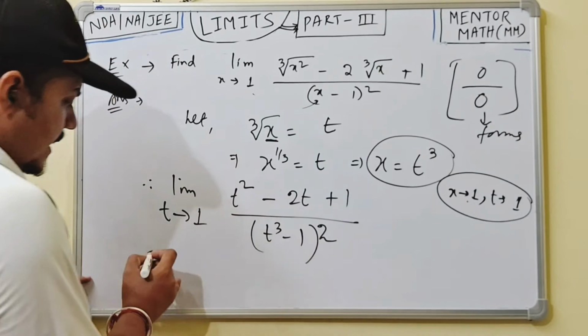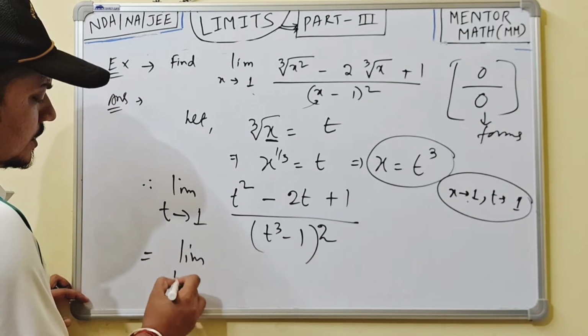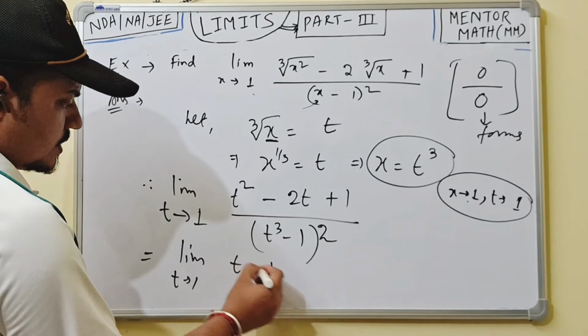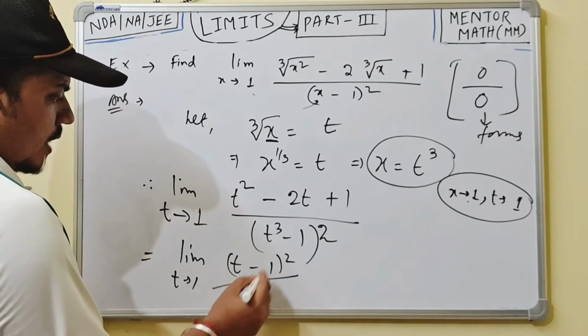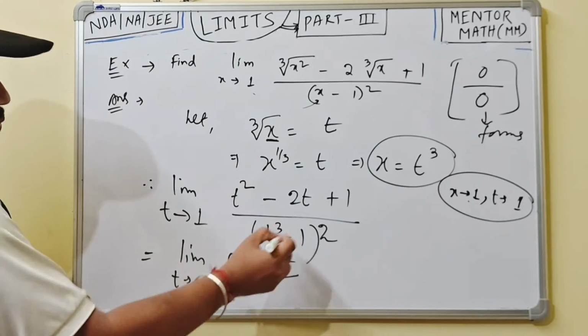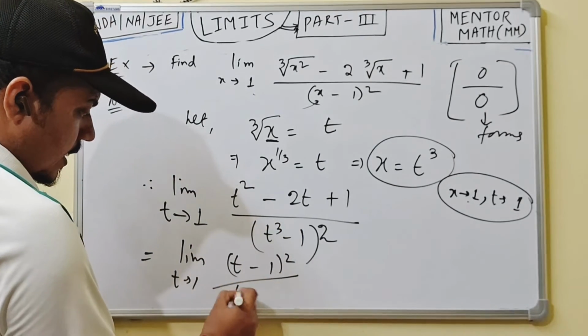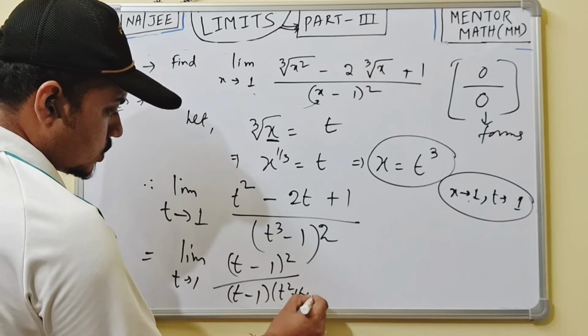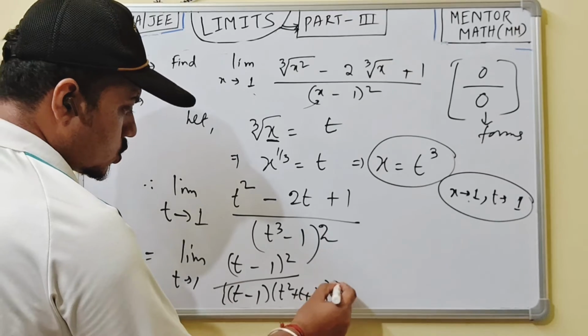Now the form is limit t tends to 1 of a square minus 2ab plus b square, that means t minus 1 whole square, divided by, applying the a cube minus b cube formula, t cube minus 1 cube, which is t minus 1 into t square plus t plus 1, then whole square.